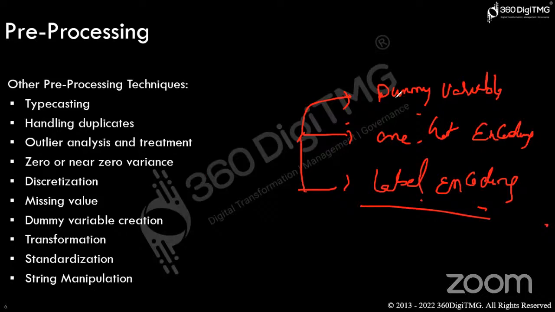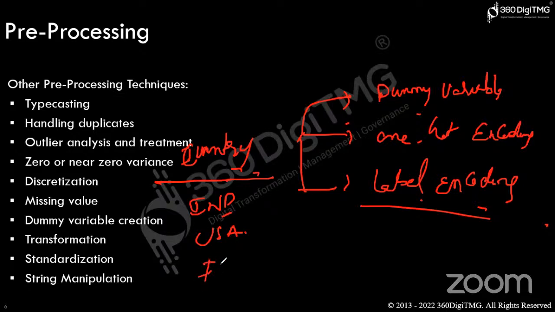In dummy variable creation, let's say you have a column country, and in that you have entries like India, USA, and France, anything.